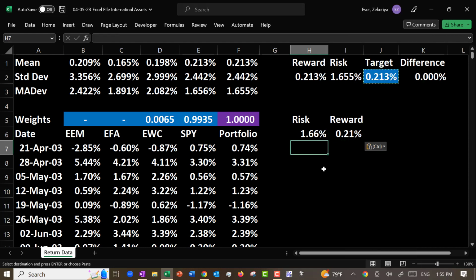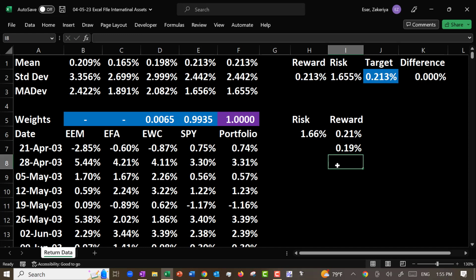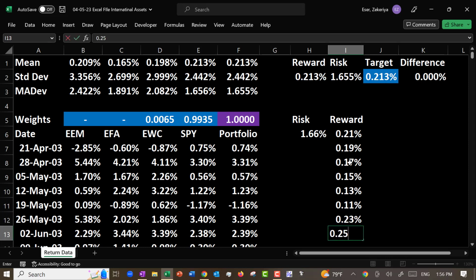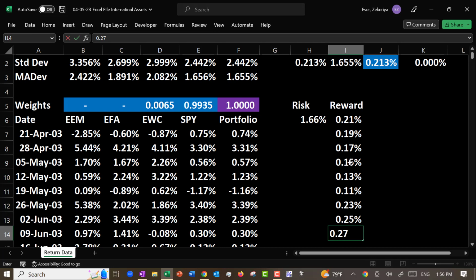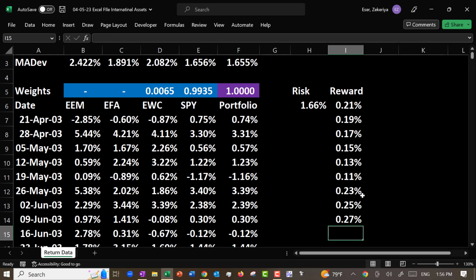But if you are into, I'm going to do 0.19%. Technically speaking, these are not going to be feasible anyway.